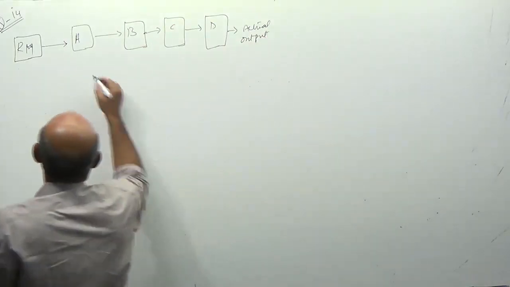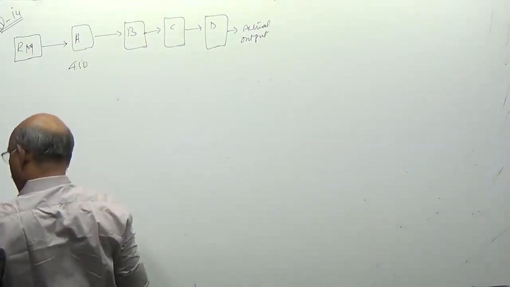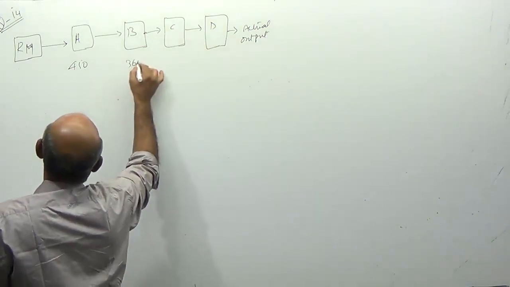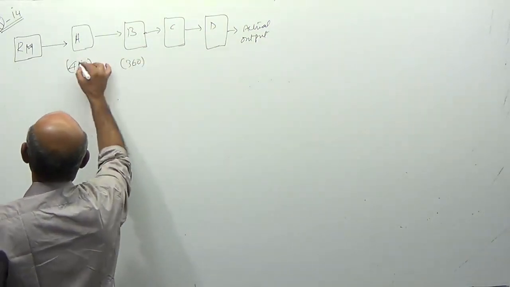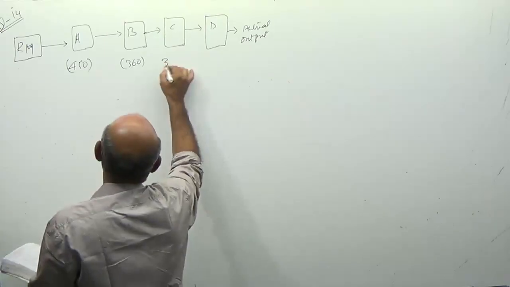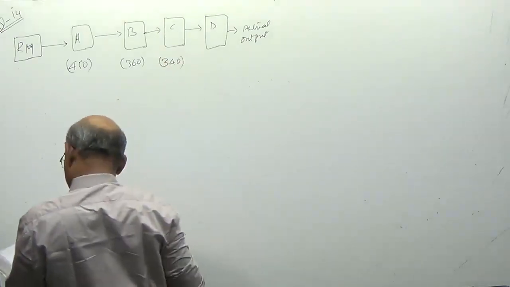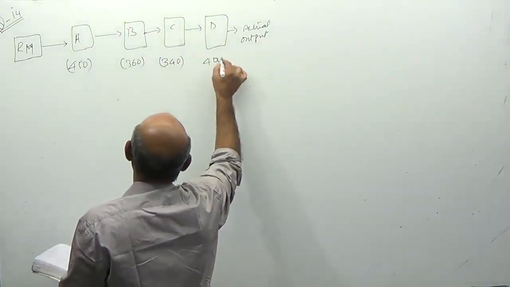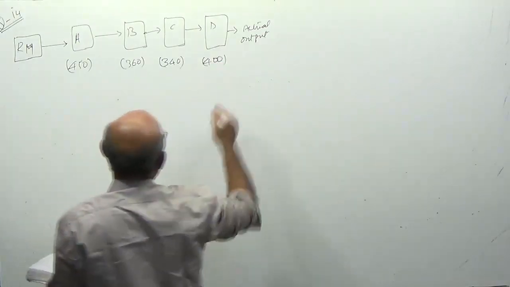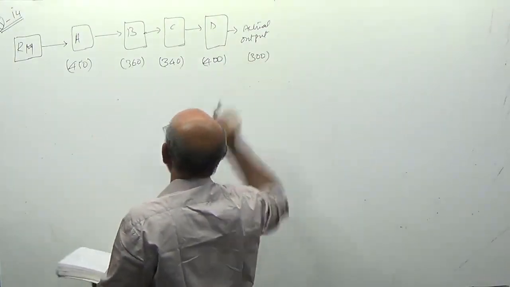Work center A can handle 450 units, B can handle 360 units, C can handle 340 units, D can handle 400 units. Actual output is equal to 300.